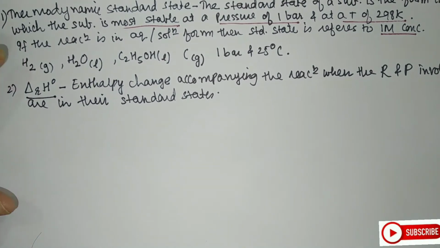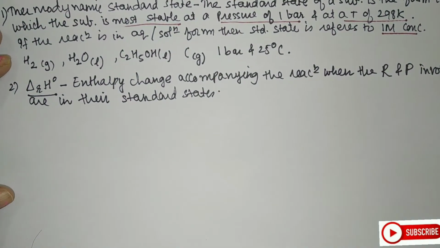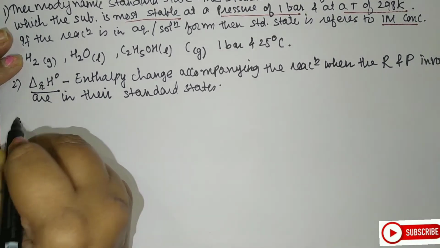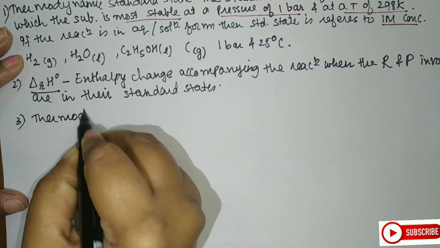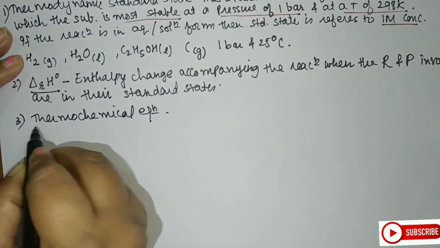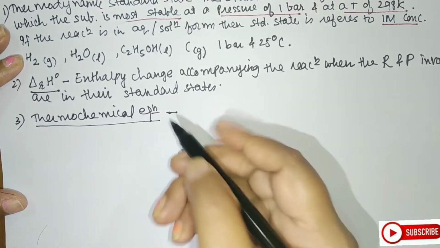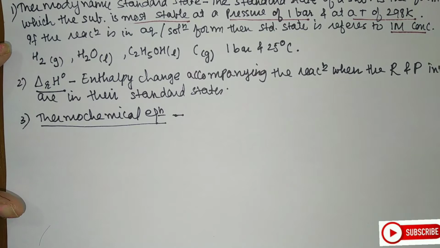Now students, while writing the equations, we follow certain rules and we call them thermochemical equations. So let us see the third point, that is thermochemical equations. Now what are thermochemical equations and what different types of equations will we be studying in this particular video? They are the standard enthalpies of formation, standard enthalpy of combustion and standard enthalpy of reaction.